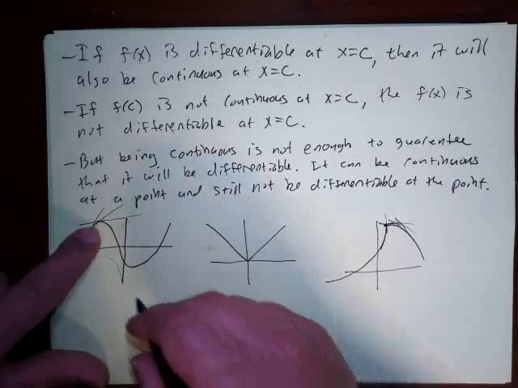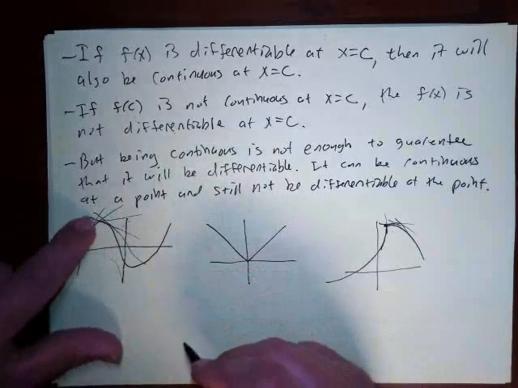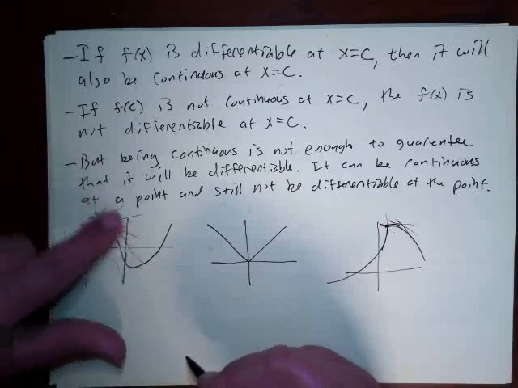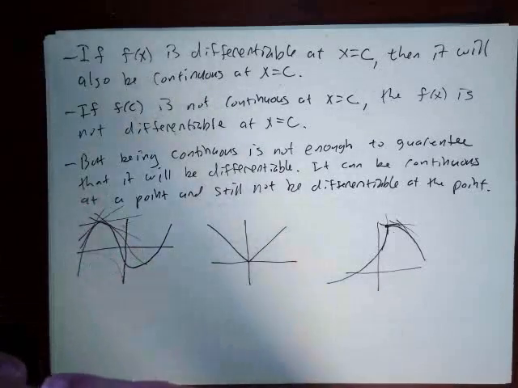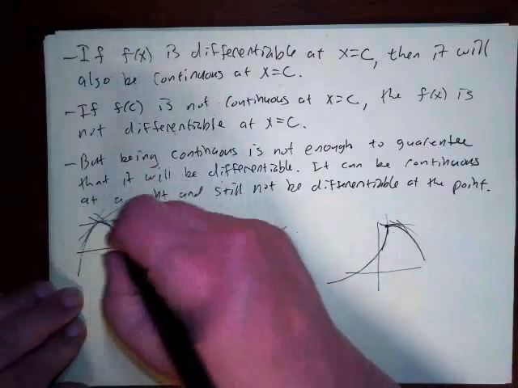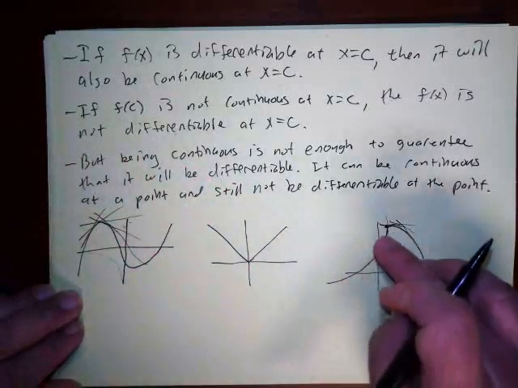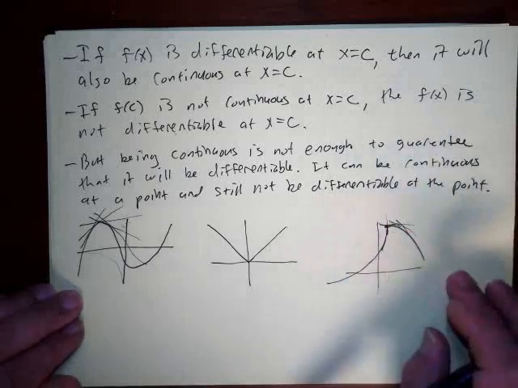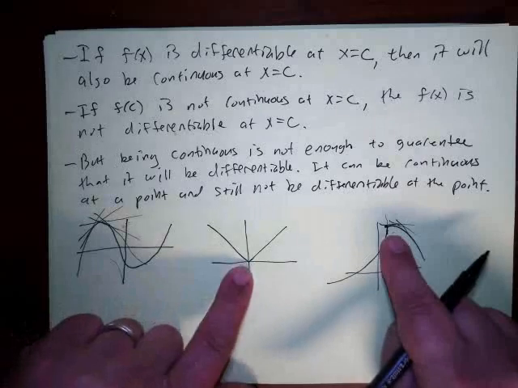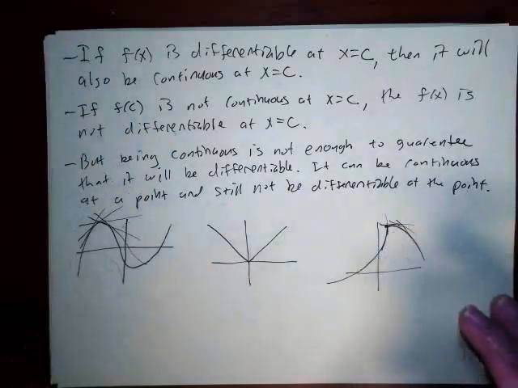At each point on a differentiable curve, the tangent line is just a little steeper or less steep than the point before it, and it does that in a continuous way. The slopes go through every possible value as it goes around the curve. Here it's really steep, and then instantly it goes the other way. So any sharp point or cusp like that is not going to be differentiable there. It's continuous at both of those points, but it's not differentiable.